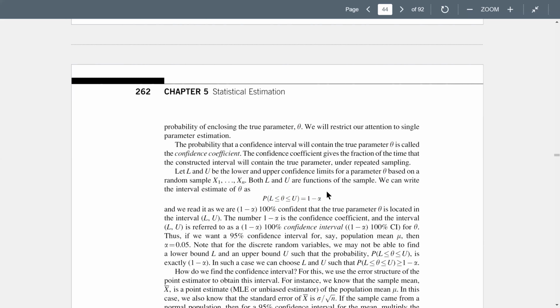And so even if it misses by the width of a hair, it's still a miss.